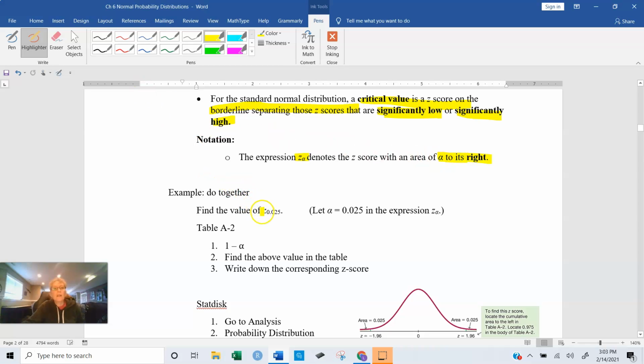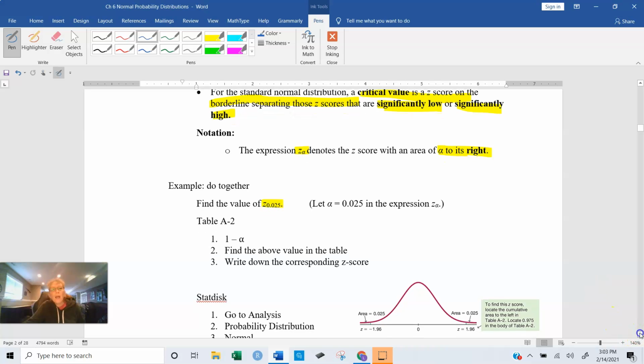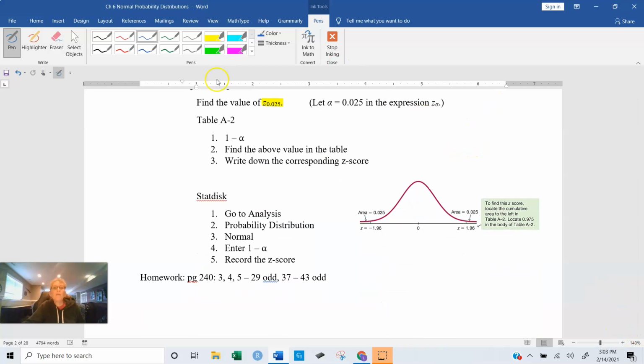So when we see this, we have z of 0.025. That's the area to the right of the z-score, and then I have to calculate the z-score. Okay, in order to do this, if we type in 0.025 in our StatDisk, watch what happens. Let's just do that real quick.